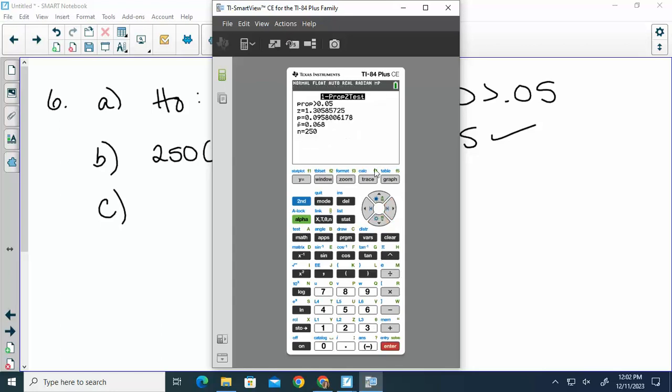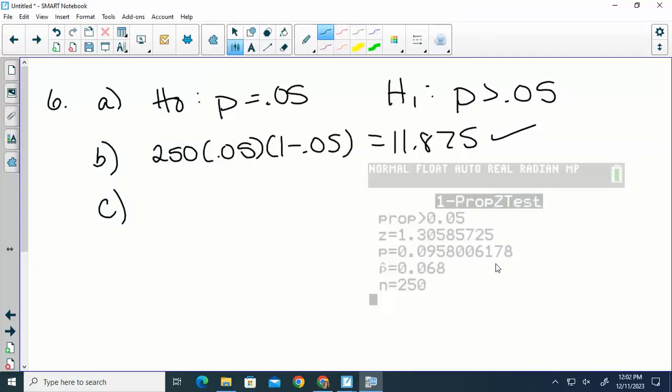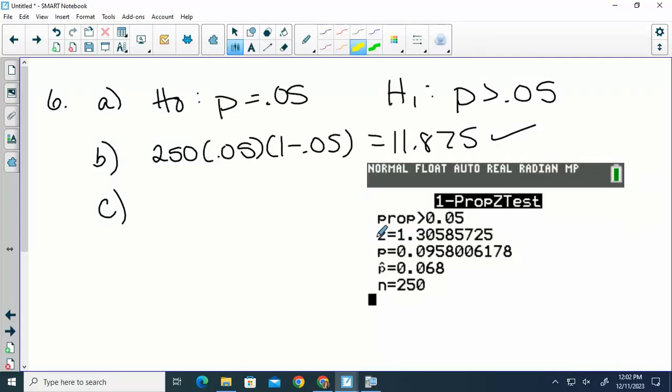Calculate. Okay, and then on your paper you would write down your z and p. So our alpha was 0.01. So since p is greater than alpha, what does that mean?